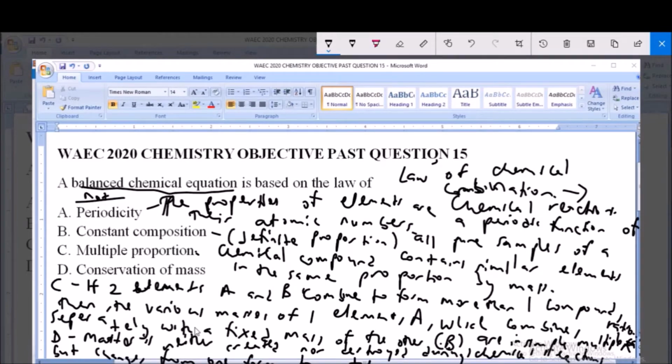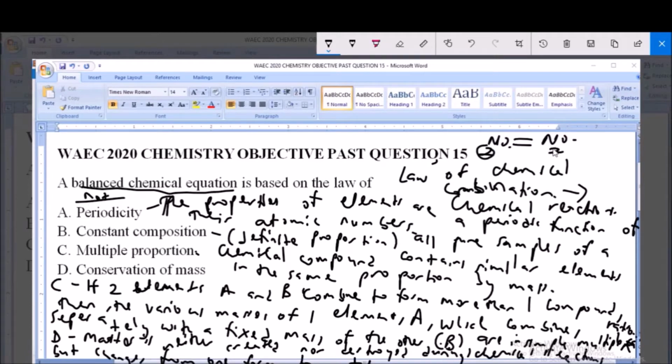Now, from the statements of the laws we have described here, option D, conservation of mass, accurately describes why chemical equations are balanced, because a balanced chemical equation depicts the same number of atoms of elements on each side. So if you have 2 atoms on this side, you have 2 atoms on the product side.